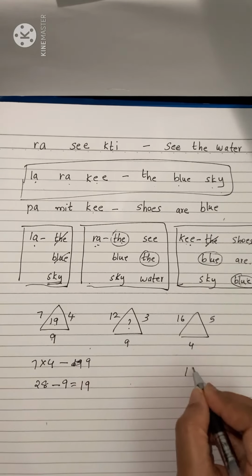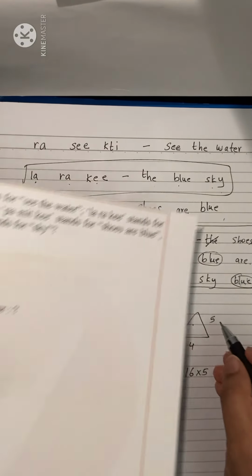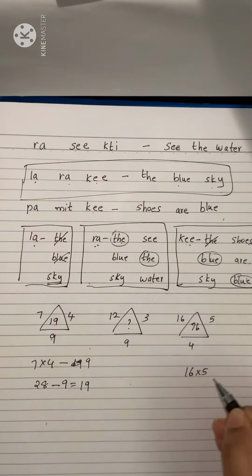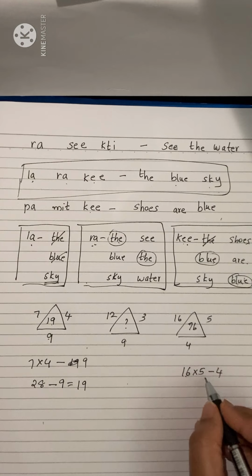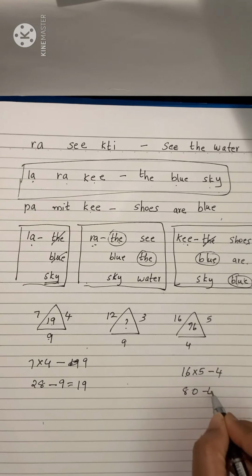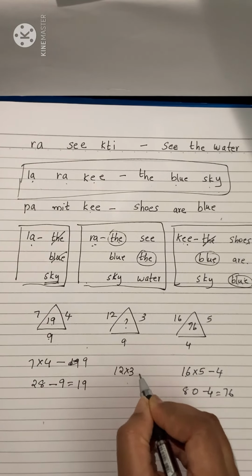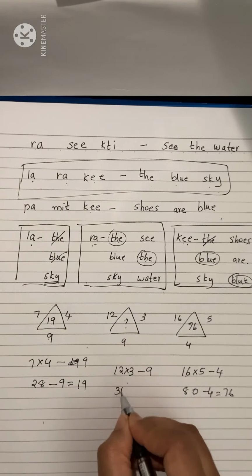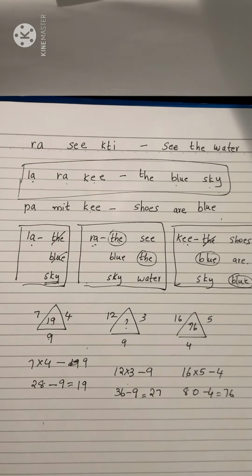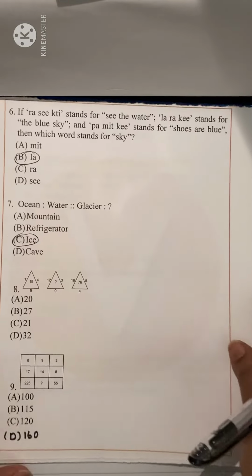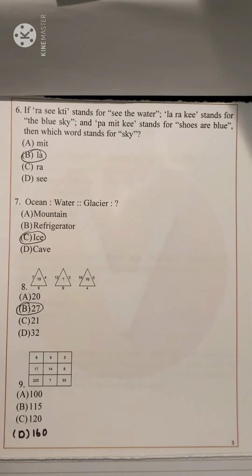And here 16 into 5 minus 4: 16 into 5 is 80, minus 4 is 76. So finding this one, 12 into 3 minus 9: 12 threes are 36, minus 9, which is equal to 27. Therefore, option B, 27.